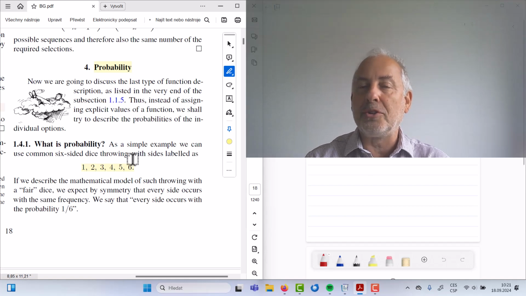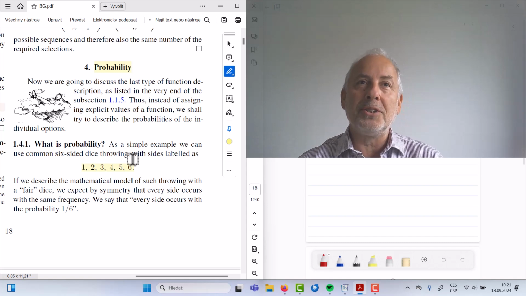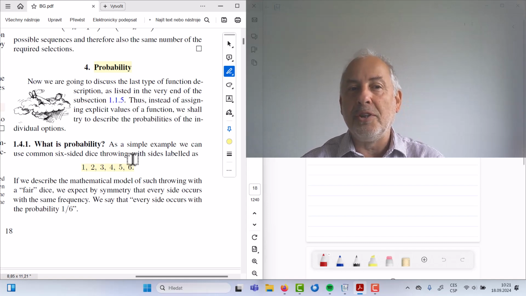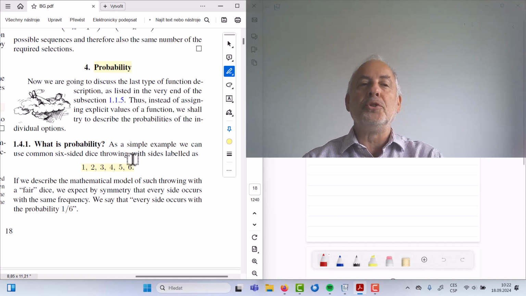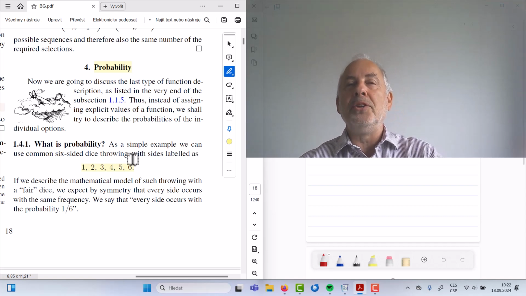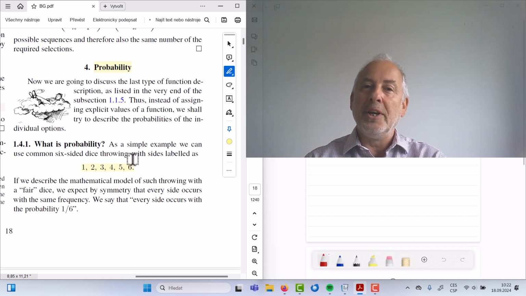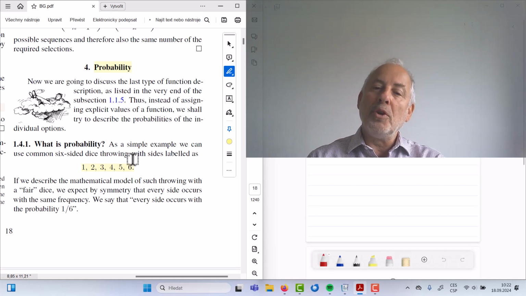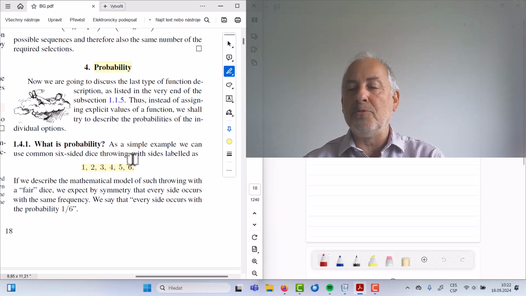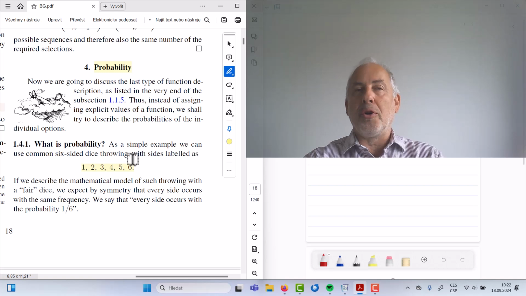So you have got these 6 possible results, and the function we consider could be that we are going to throw the dice many times, and after throwing it n times, we want to know how many times we got a 1 or how many times we got a 6. Or any other combination.